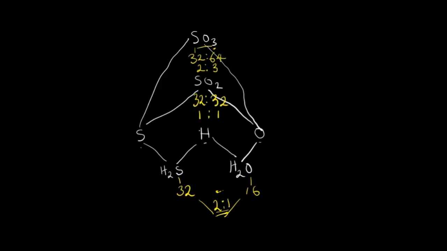You can see that 2:3 is also a multiple of 2:1, because the law states that they are either the same or they are multiples. So you can see that 1:1 is a multiple of 2:1, and 2:3 is a multiple of 2:1.